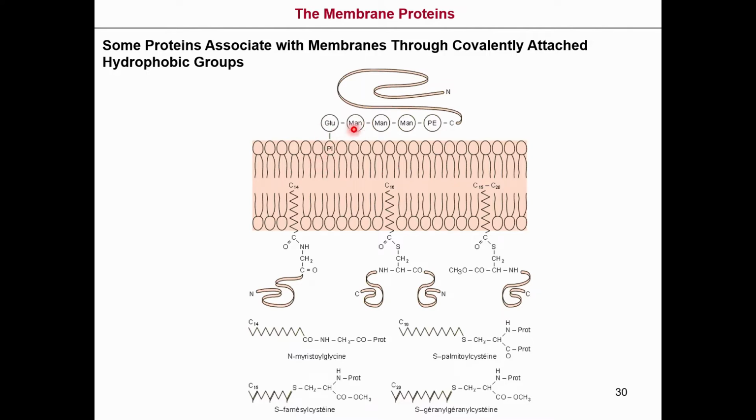On the polar head of the sphingolipid, you can have a chain of carbohydrate, so sugar, and this can be linked to proteins. Other proteins can be linked to a fatty acid, for example, by an amide group. And this fatty acid, because it has a hydrophobic tail, can interact with the membrane.